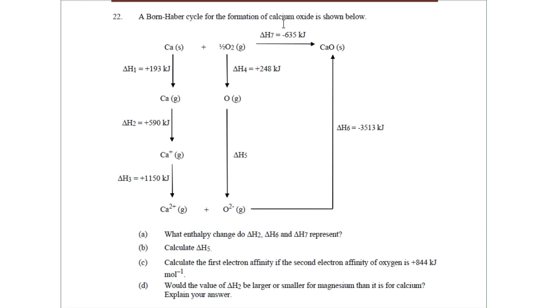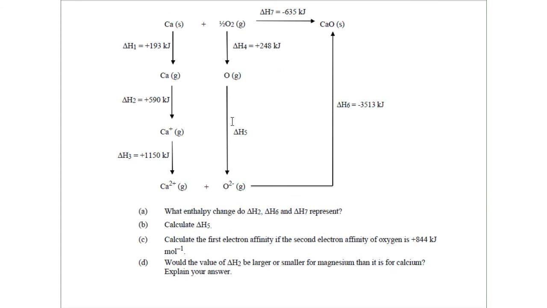No, you have to answer that enthalpy 7 is actually equal to enthalpy of formation of calcium oxide. Okay, don't write down CaO, you must write in words. Must write down in words, calcium oxide, be careful. And then calculate the enthalpy 5, and then calculation.